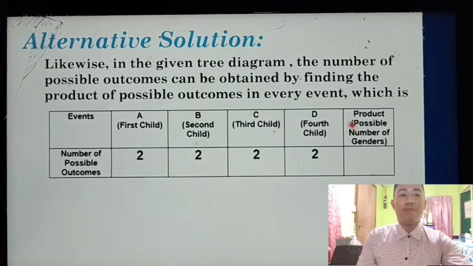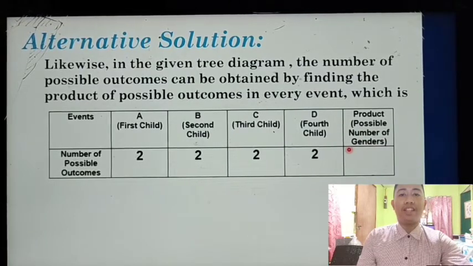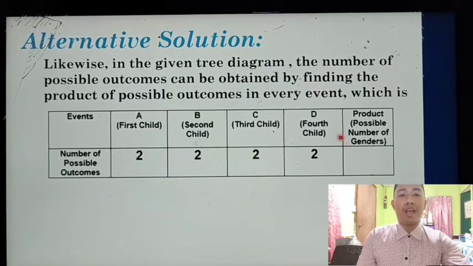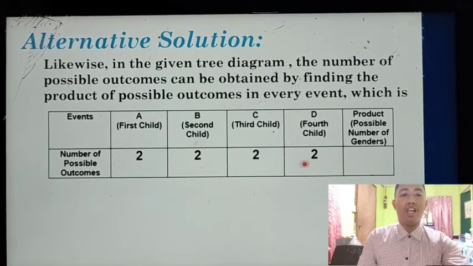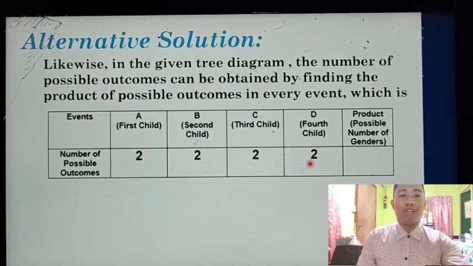So to determine the possible number of genders, we are applying the fundamental counting principle. Again, by defining the fundamental counting principle, we are using the multiplicative method of counting. So what we are going to do with all of these numbers of possible choices in all events is to get the product of all possible choices in every event.